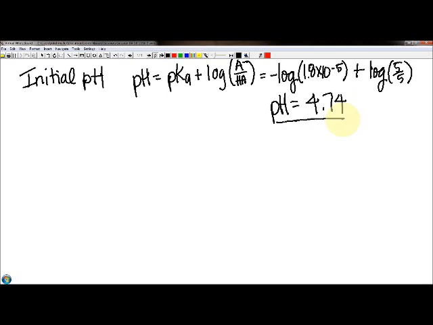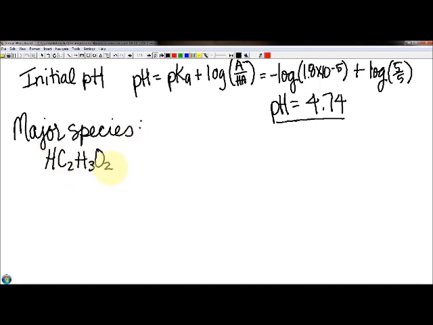Now let's think about solution A only. But first, we have the same major species in both solutions, so we can think about those. We have our acid, and because it has a Ka, it's weak, so it doesn't completely dissociate. We have the sodium from the salt plus the acetate ion from the salt.